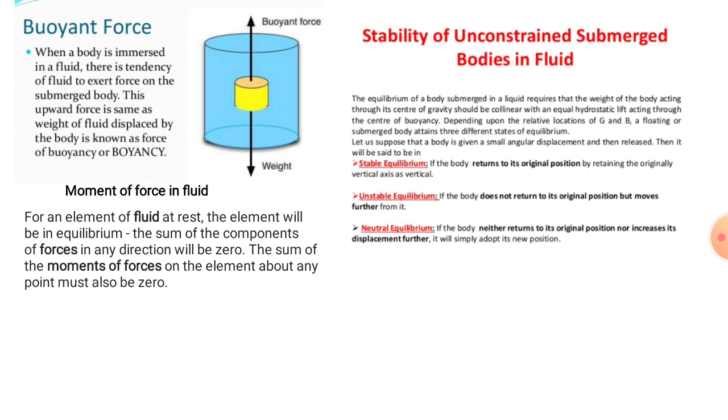Unstable equilibrium: if the body does not return to its original position but moves further from it, it's called unstable equilibrium. Neutral equilibrium: if the body neither returns to its original position nor increases its displacement further, it will simply adopt its new position. It's called a neutral equilibrium.